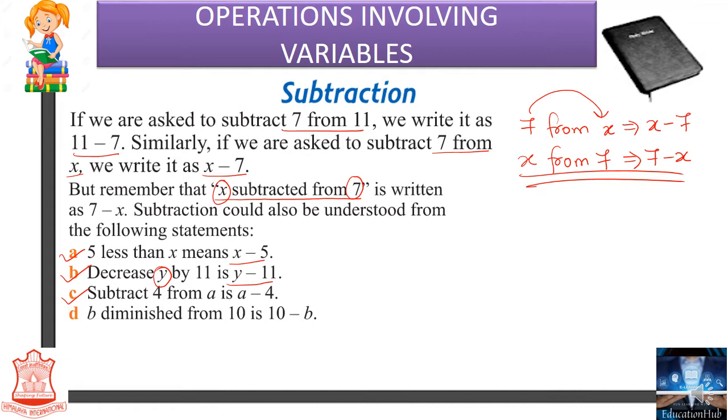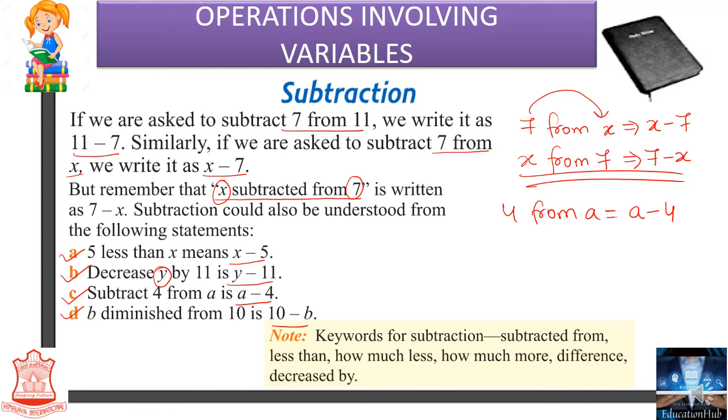Again 4 from a, so this will be a में से 4 units minus करने हैं, a minus 4. D part is b diminished from 10, that means 10 में से हमने b units हटा दी, so it will be 10 minus b. I hope this is clear to you.